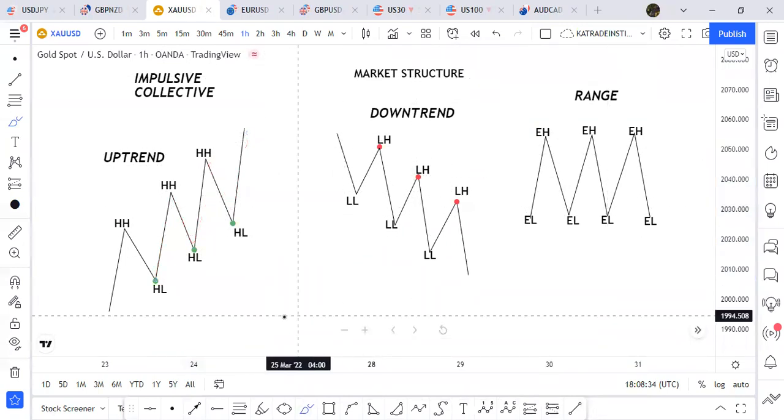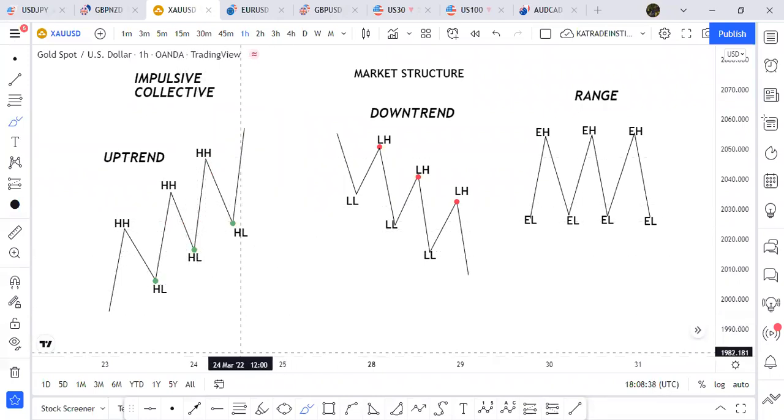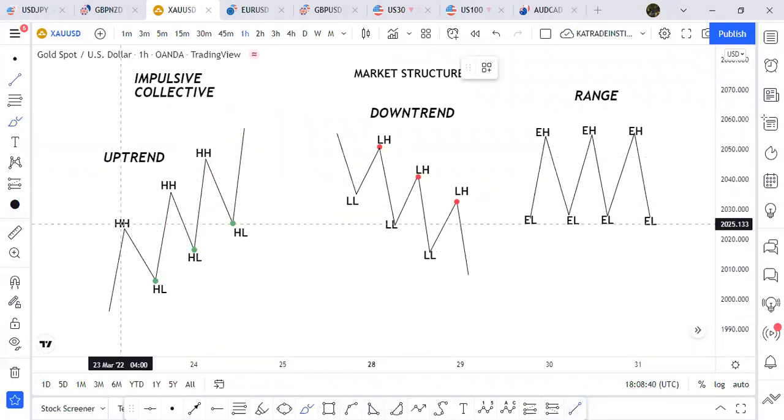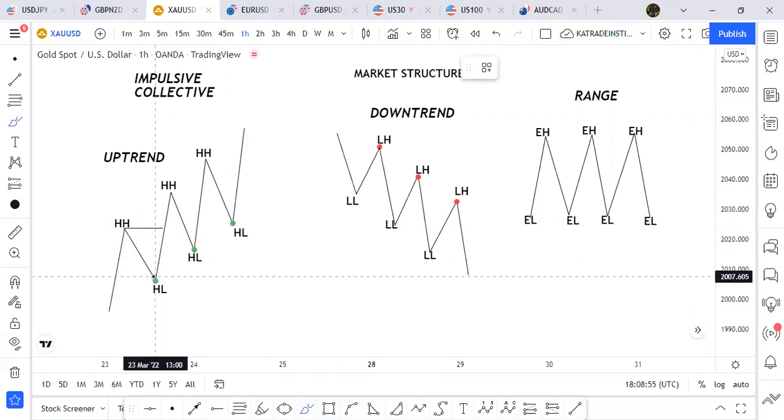In an uptrend, the one pushing to break the swing high, you see that we have a break of market structure here. The one moving from the low to break the recent swing high, we call impulsive.